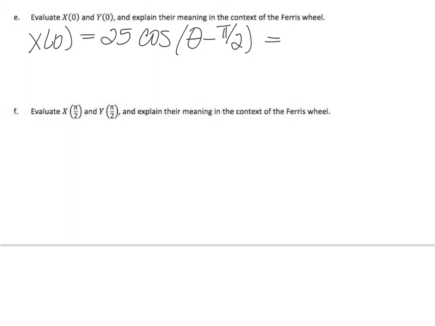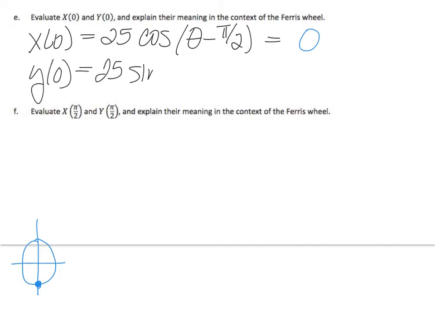So for x of 0, remember that's our co-height. We're starting down here. So our co-height is our horizontal distance, and that's going to actually be 0. Y evaluated at 0, that's our height.